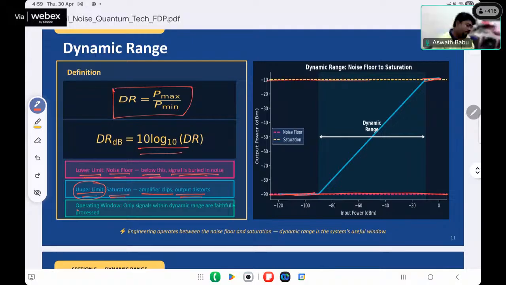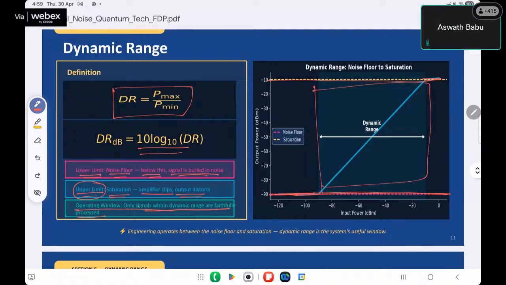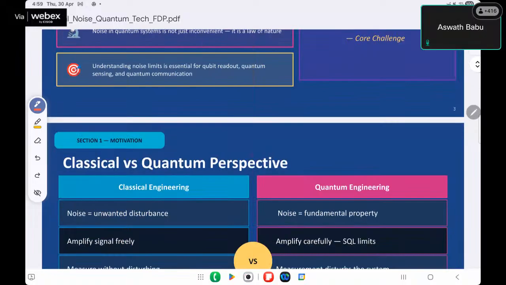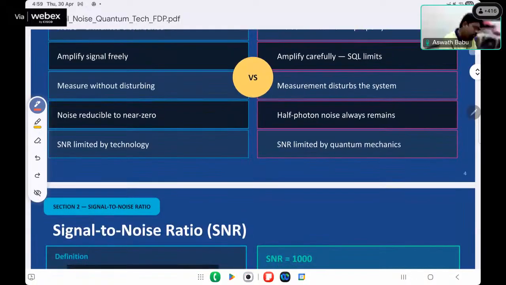This is the upper limit of the dB range. This is the very low range where the signal is inside the noise and disappears. For the operating window, you choose only signals within the dynamic range, which are faithfully processed. You usually choose a certain range within which you will have very good signal processing. You should not fall at the top, and you should not fall at the bottom.